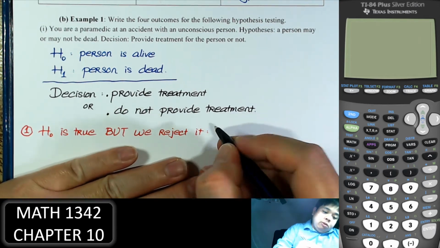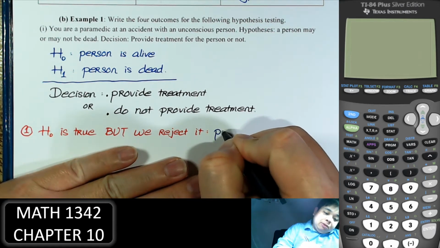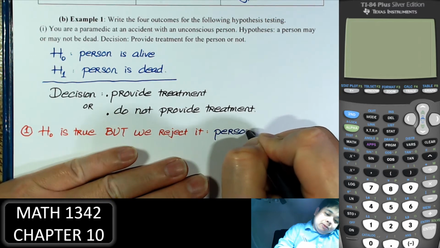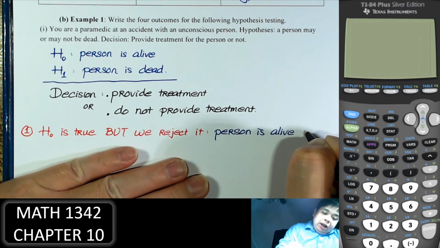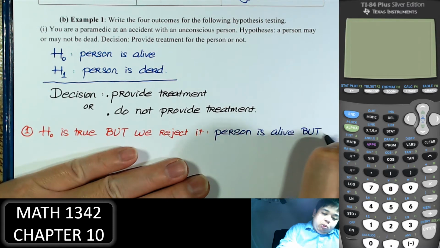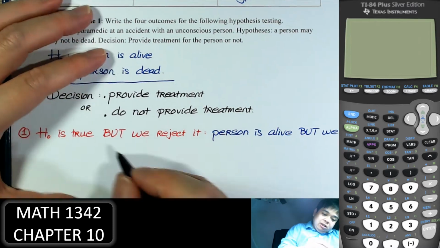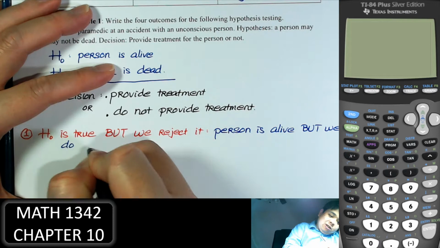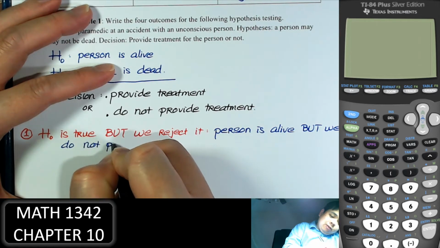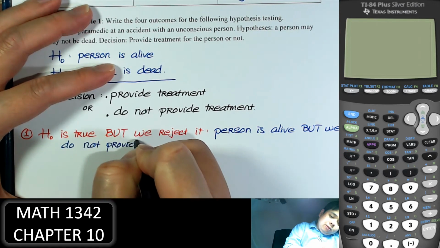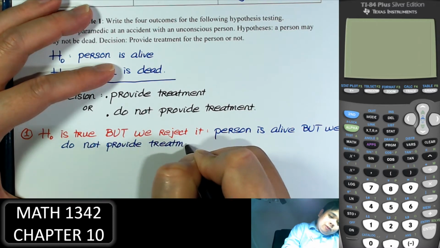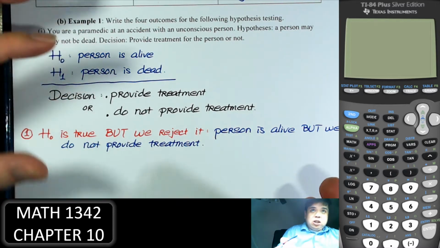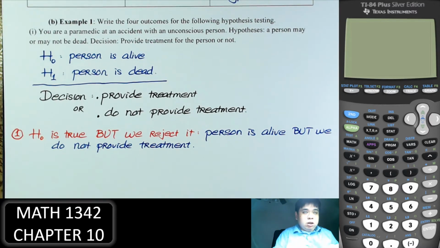So the person is alive, but we do not provide treatment. So this, of course, is the type 1 error.